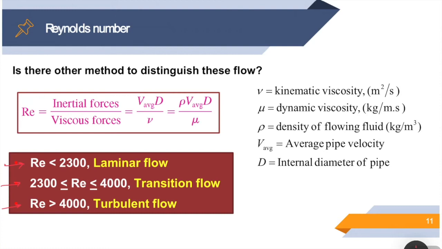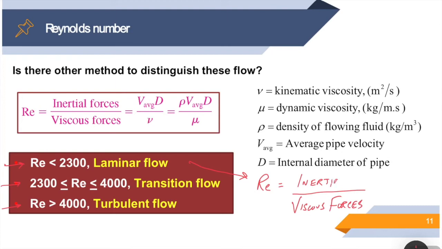So first we need to understand when laminar flow happens. When we talk about Reynolds number, laminar flow happens when the inertial forces are not dominant, only the viscous forces are dominant. That is why very thick and viscous fluids have laminar flow.